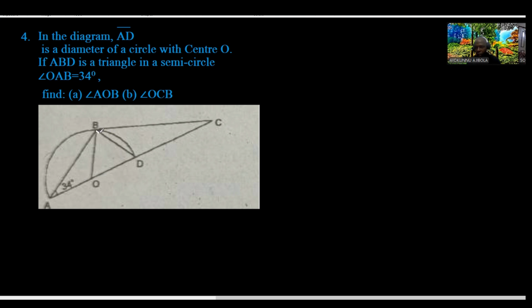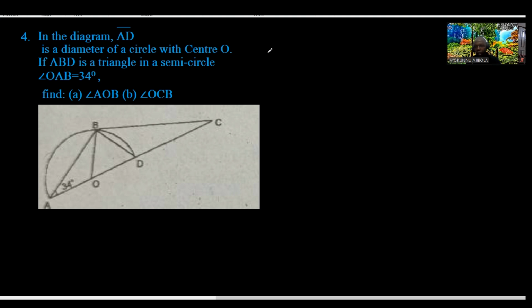So since it's this chord that subtends, hello, are you concentrating? Somebody is still talking. So since it is this chord that subtends this angle at the circumference and subtends the same angle at the center, then we have the principle that the angle at the center is twice the angle at the circumference.